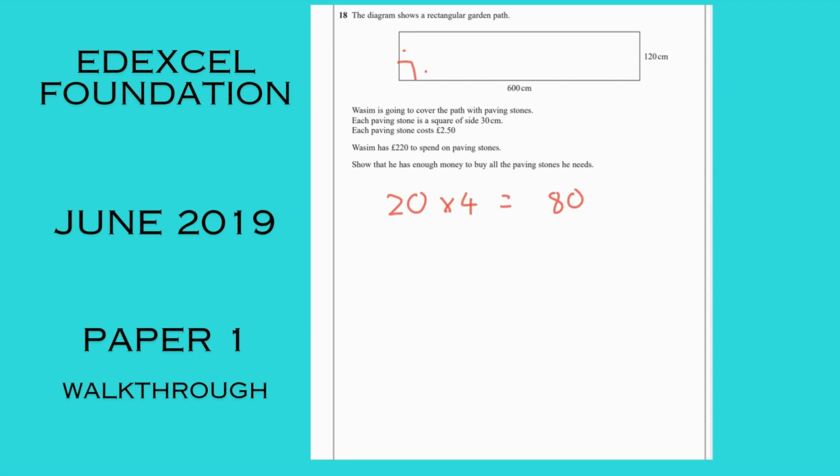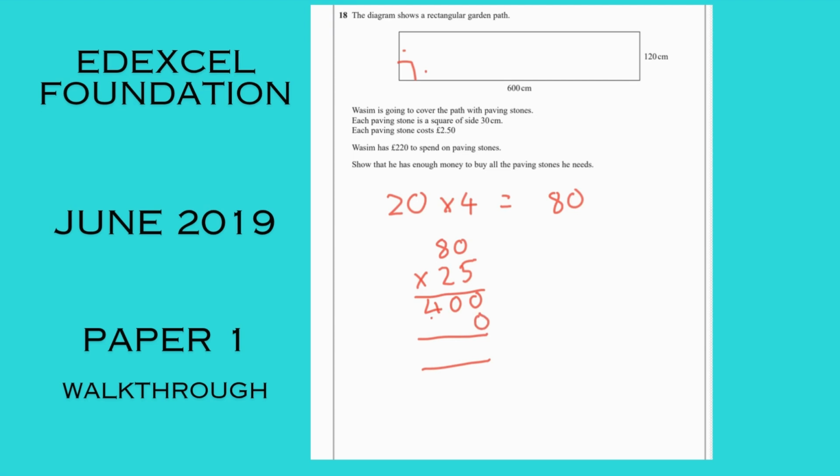Each paving stone costs £2.50. So we need to do 80 times 25. I'll ignore the decimal. We'll come back to that. So another standard multiplication, 5 zeros and 8 fives are 40. The 2 is not a 2, it's a 20.